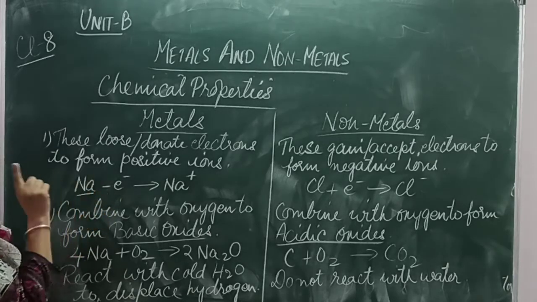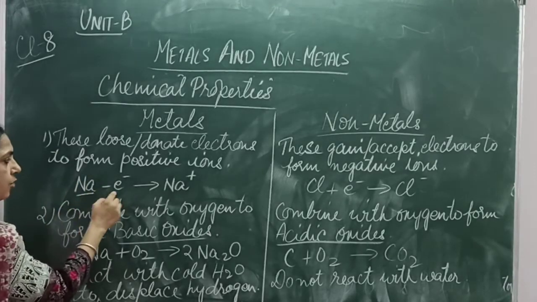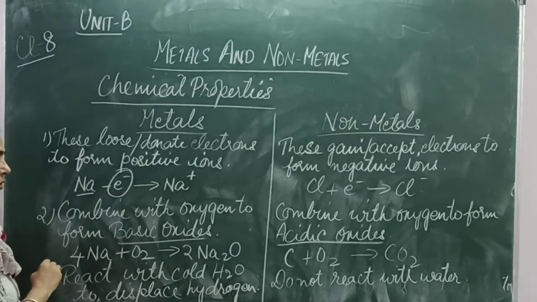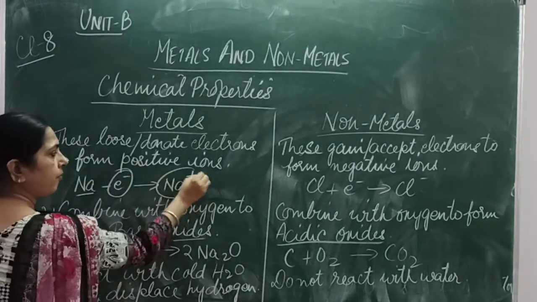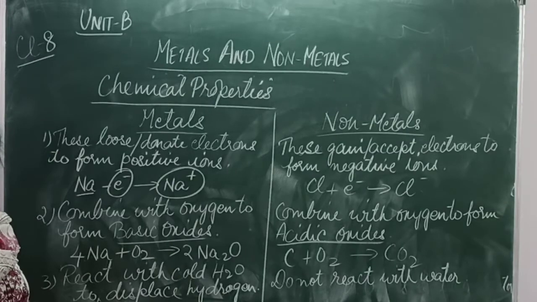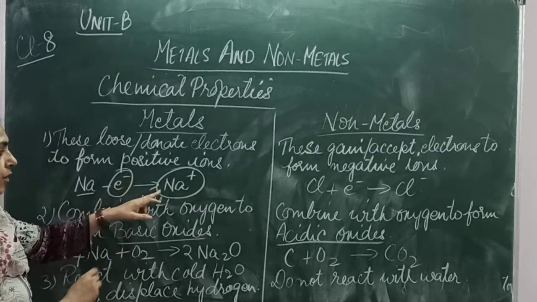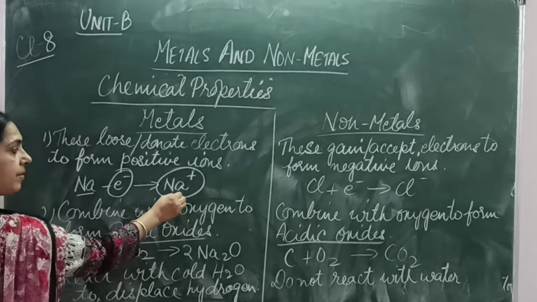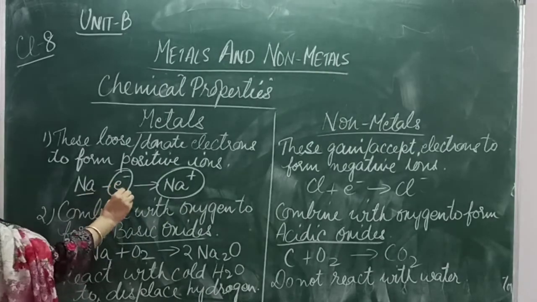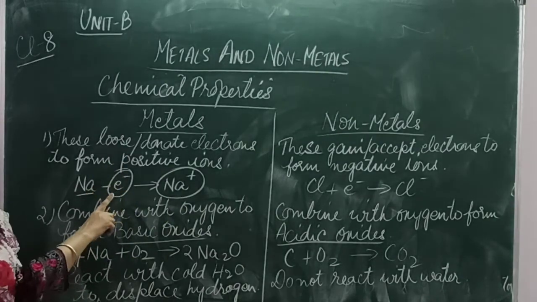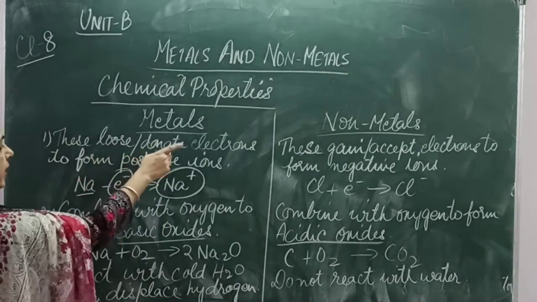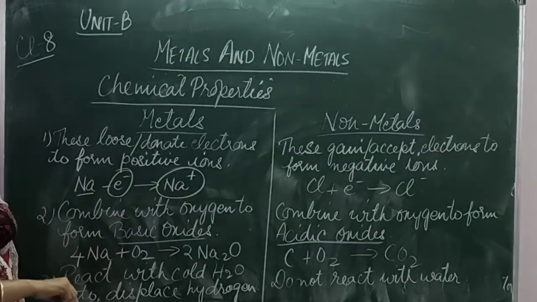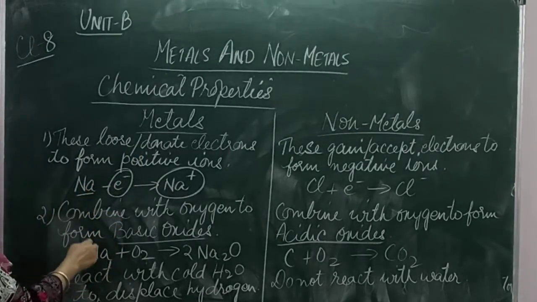One electron is extra in sodium. If it gives away this electron, the sodium atom forms a positive ion. So metals have this property: they lose or donate electrons to form positive ions. This is the first property.